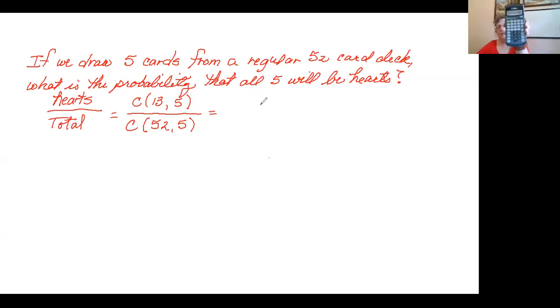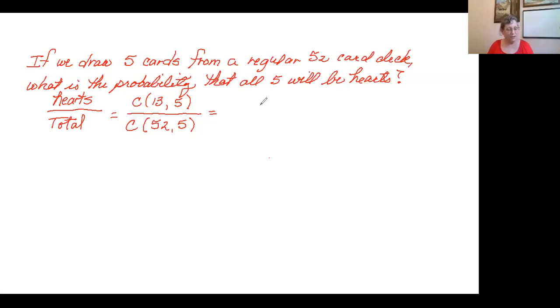Your calculators may differ; this is a pretty basic scientific calculator. A lot of the TI-30s, there's a lot of different versions. Some of them actually have a probability key that'll take you to a menu that'll give you a choice of choosing combinations or permutations.